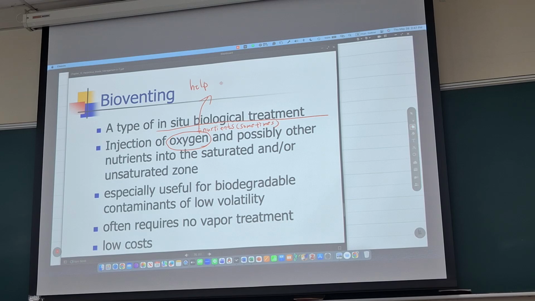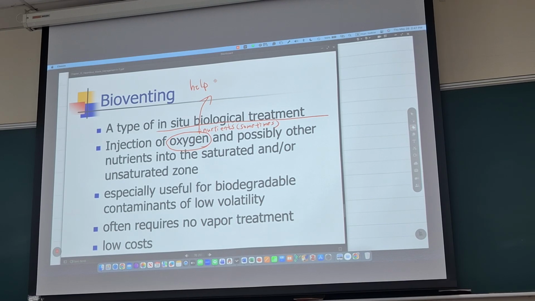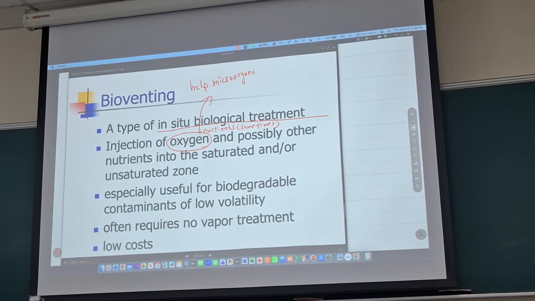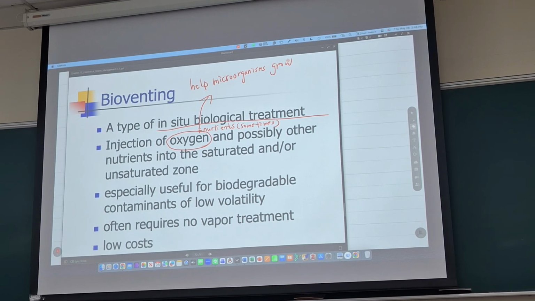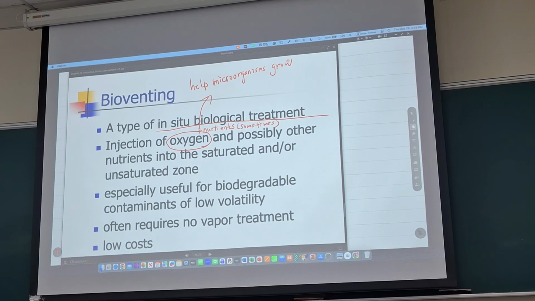Why are we doing this? Because we inject oxygen and nutrients to help microorganisms grow. The reason we inject oxygen and sometimes nutrients is because we try to help microorganism growth.